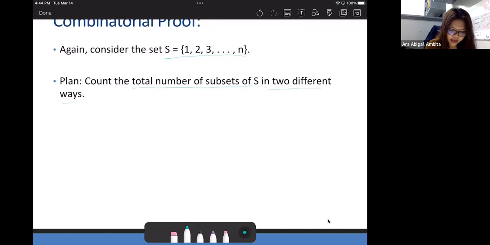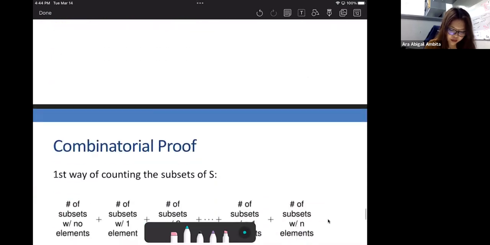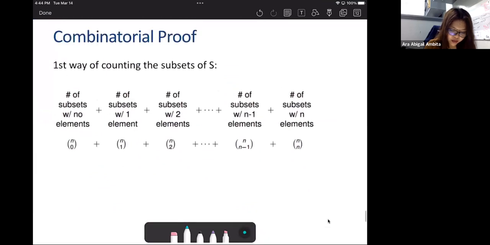If we have a set S, how many possible subsets can we have? First, what we can do is count the number of subsets with no elements. Meaning we have S, and then 1, 2, until n, and this first subset does not have any element.